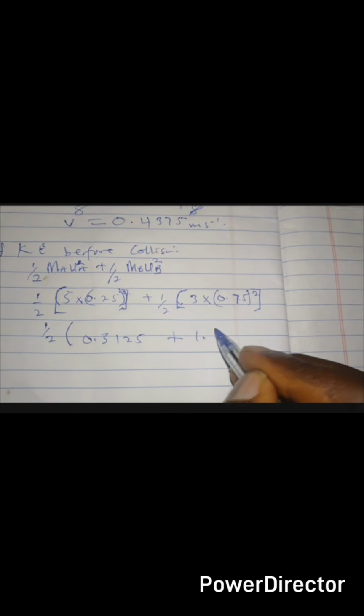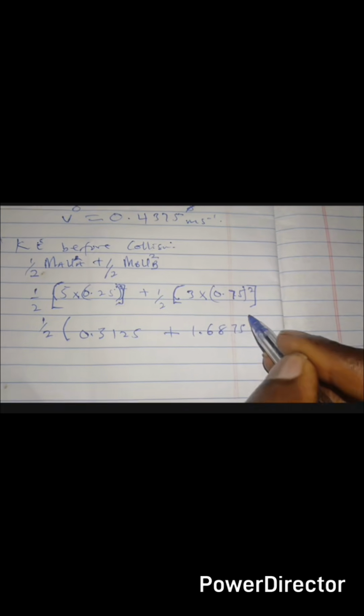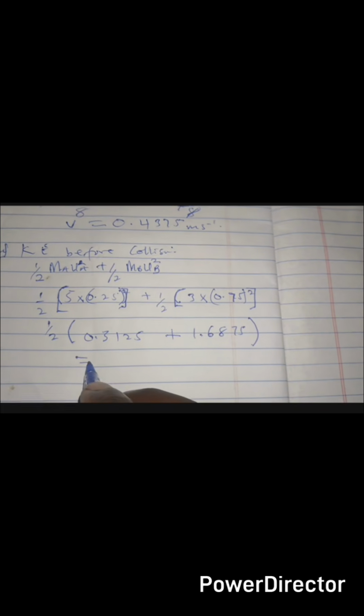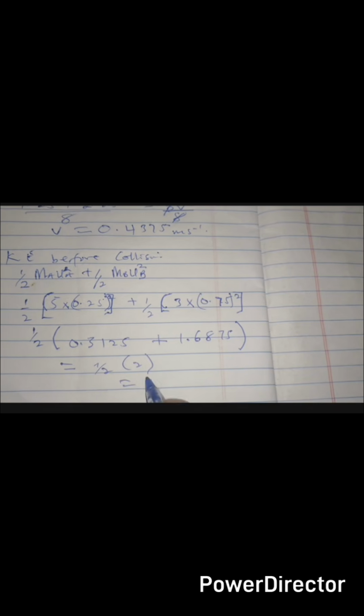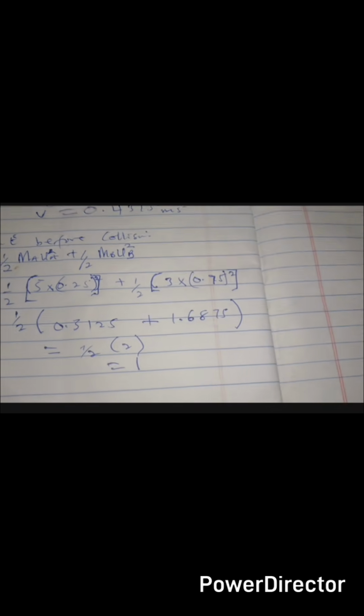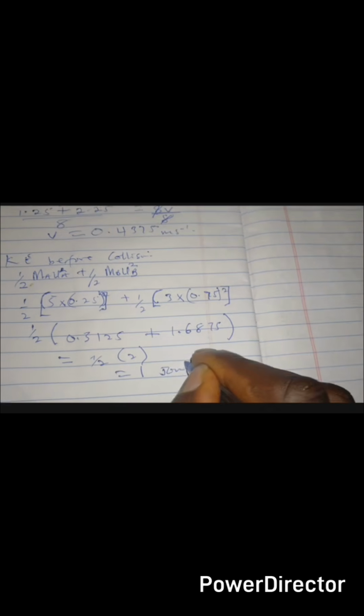We end up getting half times 0.3125 plus 1.6875, which is equal to half of 2, which is 1. So 1 joule, since it's energy.